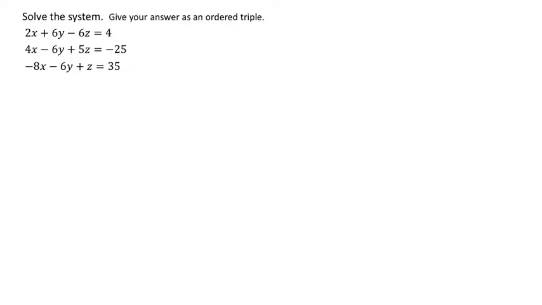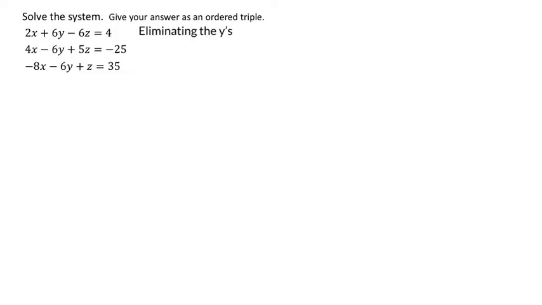Looks like it's the y's, and the reason is this y has a positive 6, and these other two are negative 6. They're opposites. All right, so I'm choosing to eliminate the y's.